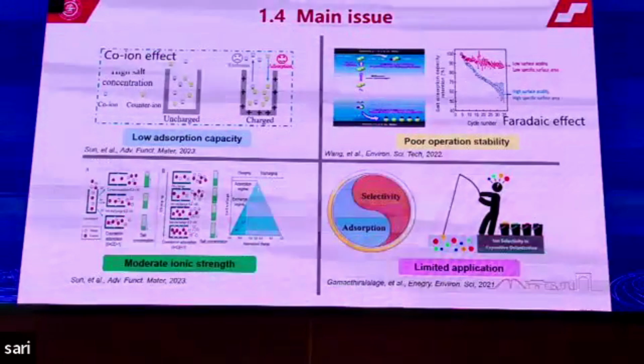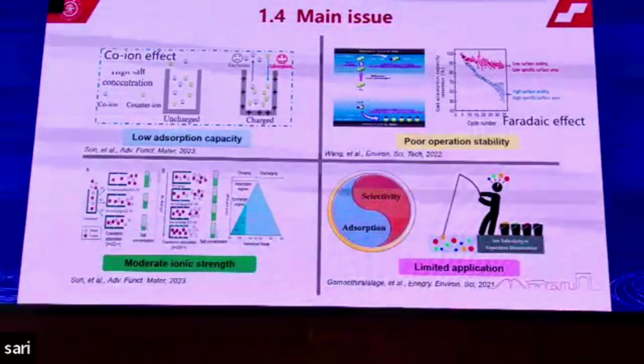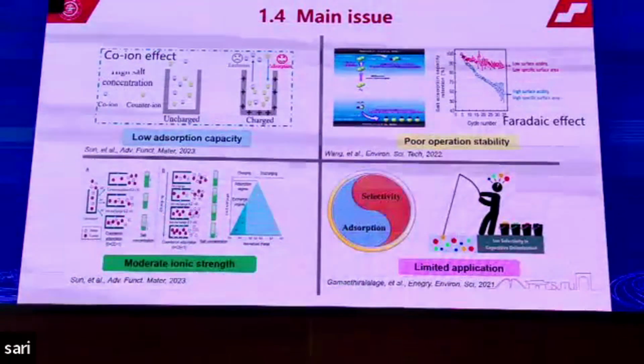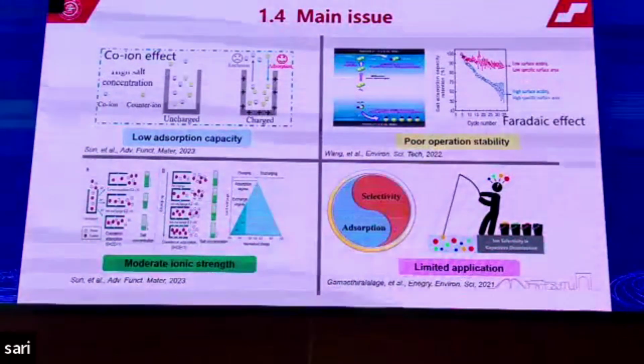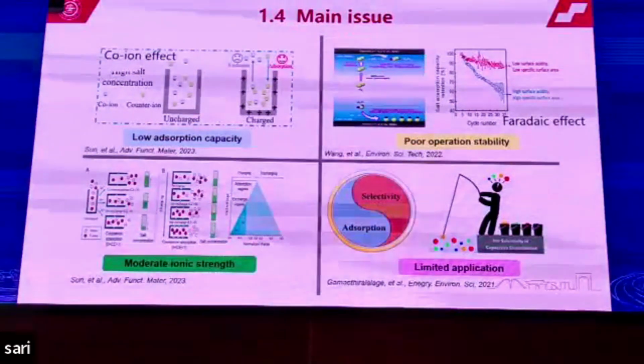Besides, as an electrode-driven process, it is mainly used for moderate ionic strength solutions, which also limits its application. So we want to solve these issues to expand the application of CDI.